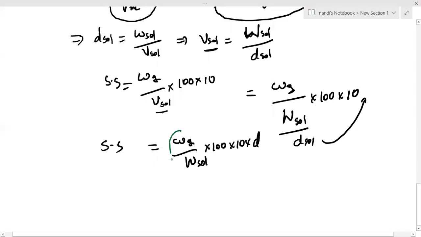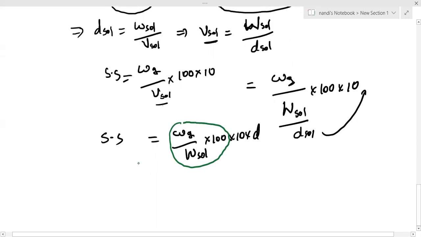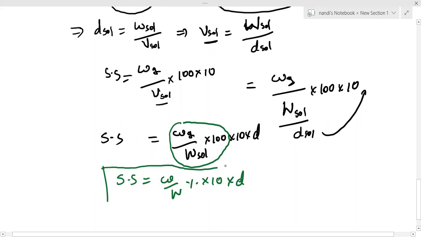This we call W by W percent. So strength of solution equals W by W percent into 10 into density. This is in terms of W by W percent.